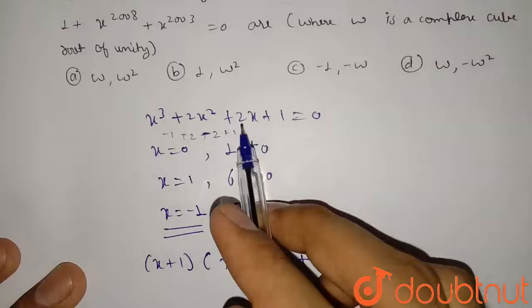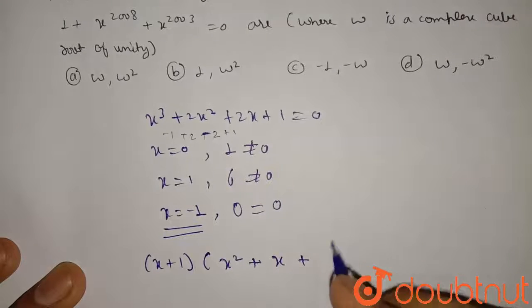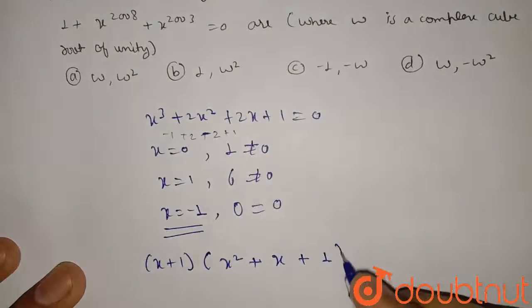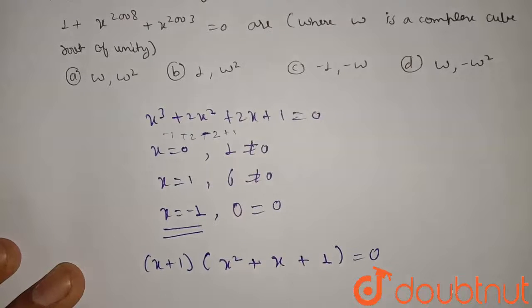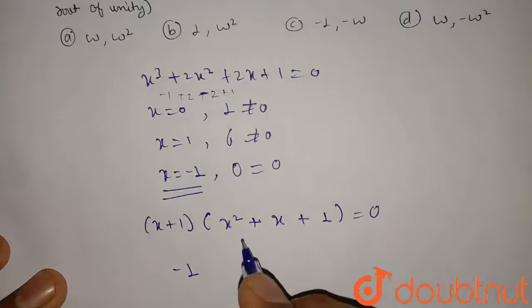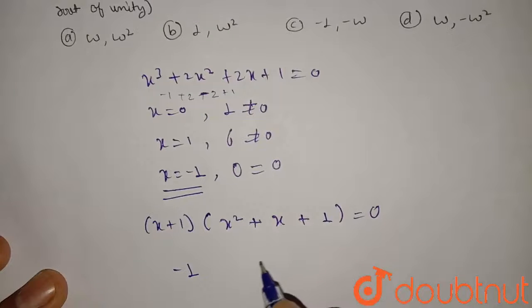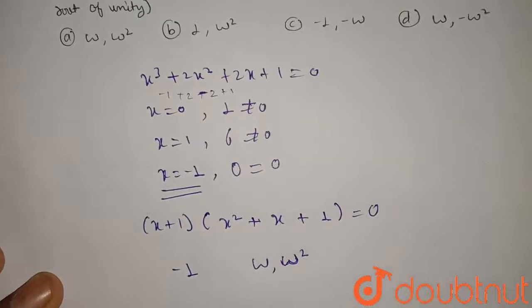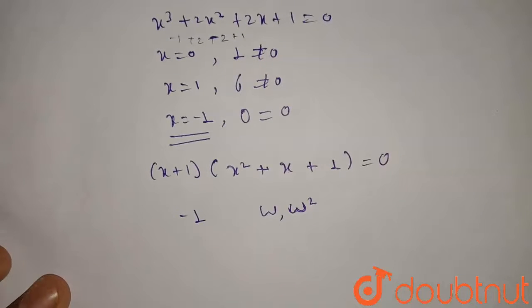Then we have 2x, so from here we get only 1x, so we will add 1. And 1 into 1 is 1. Got it? So this is our simplified equation. This gives root minus 1, and we know that x square plus x plus 1 has roots omega and omega square. So these are the three roots of the given equation.